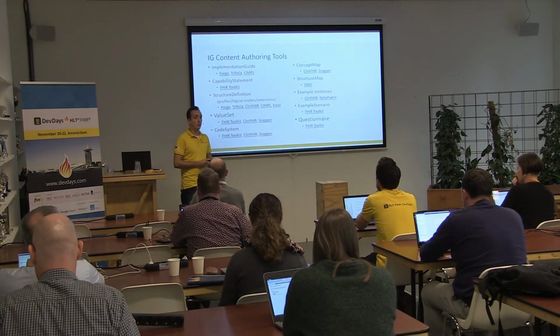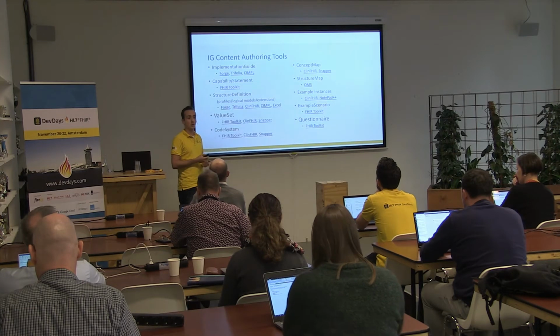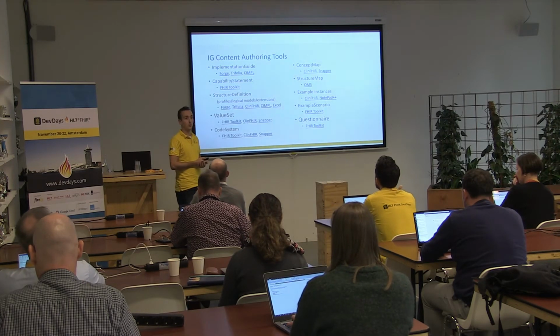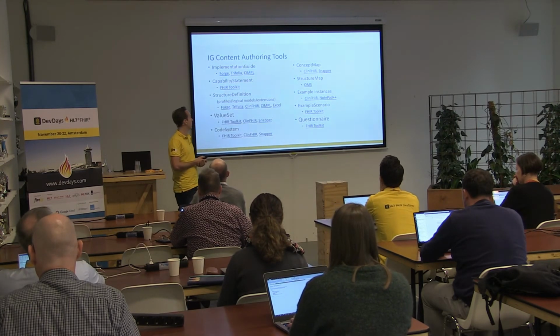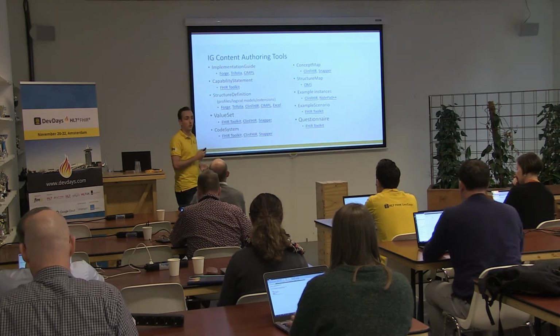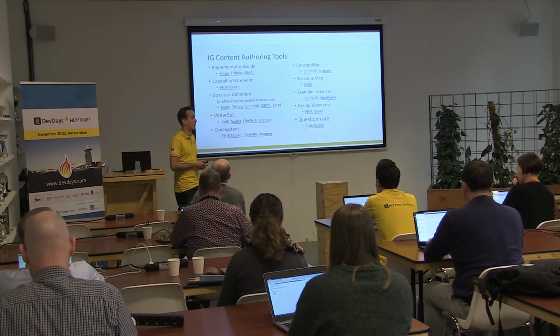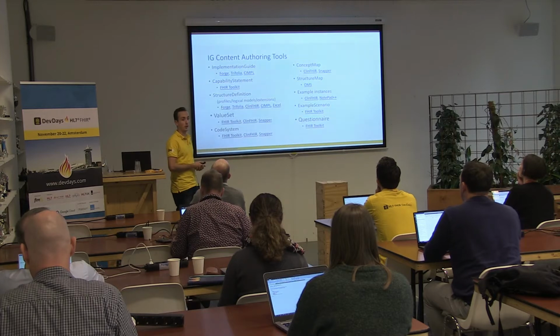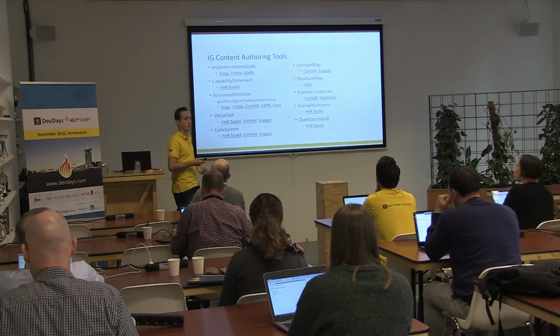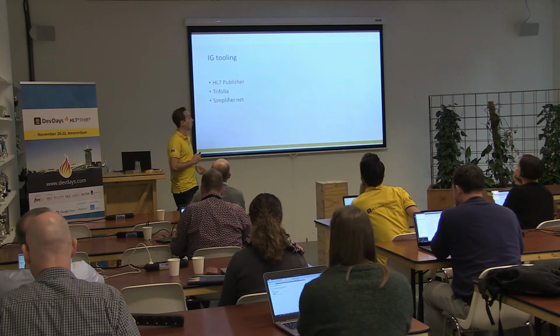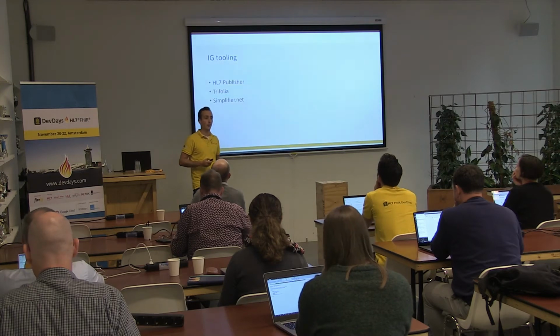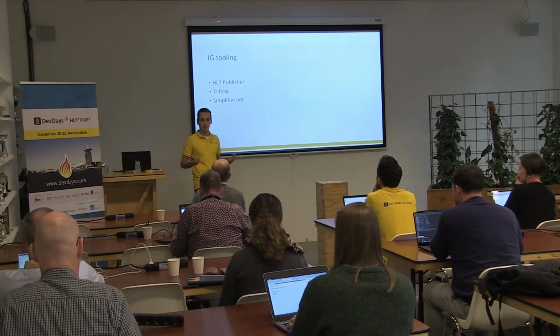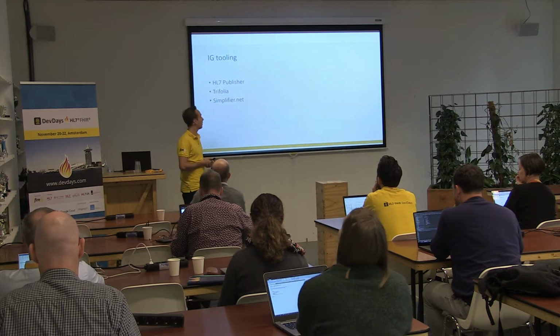There are a lot of different tools that will help you create or alter those conformance resources. I will not go through them one by one. This slide will become available, so you can also click all the links and get to the tools. We're here for tooling that helps you create the guides itself, so not the content, but the guides.